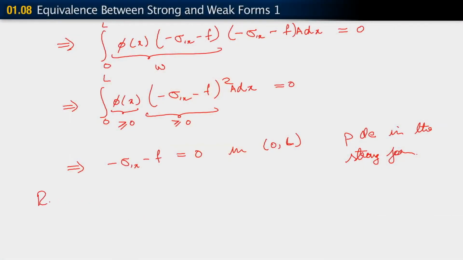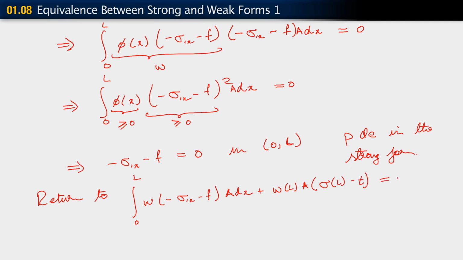So now let's return to this other form that we massaged our weak form into, and that was the integral from 0 to L of W times (minus sigma comma x minus f) A dx, plus W at L times A times (sigma at L minus t) equals 0.